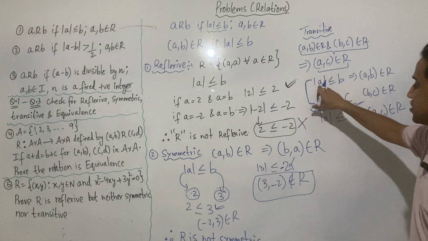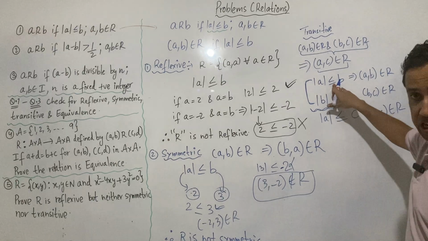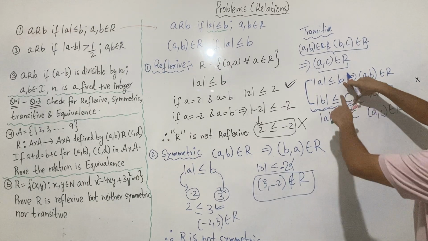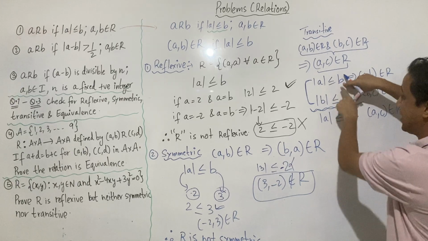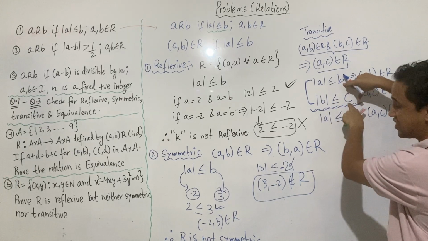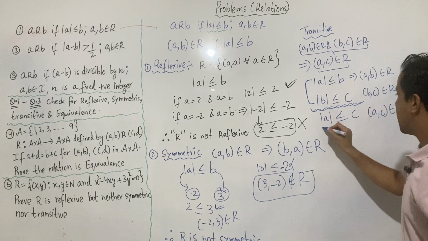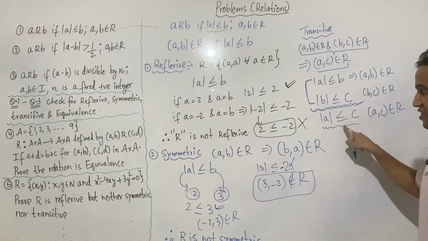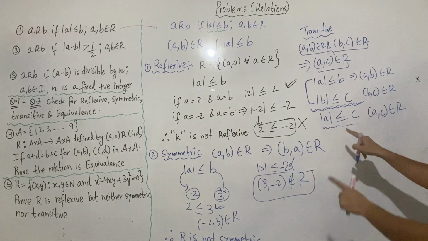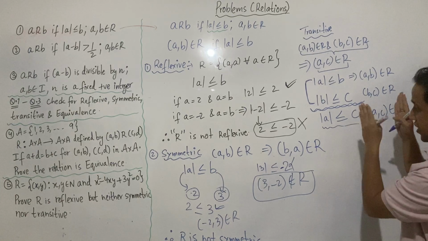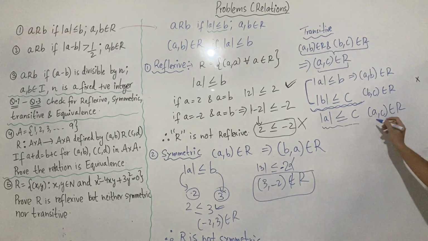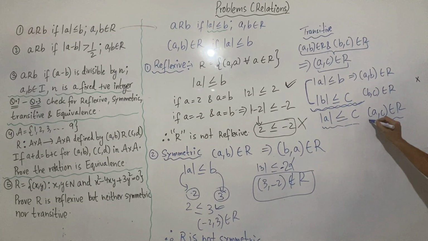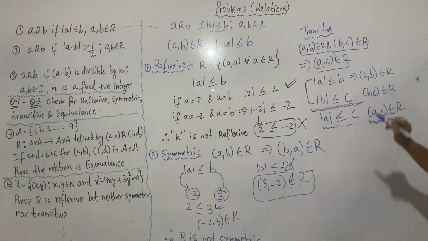Because mod A is less than or equal to B, which means it is less than or equal to mod B, and mod B is less than or equal to C. So I can say that mod of A is less than or equal to C. Now, see here it happens. So it means that A is related to C, which means that it follows the condition.